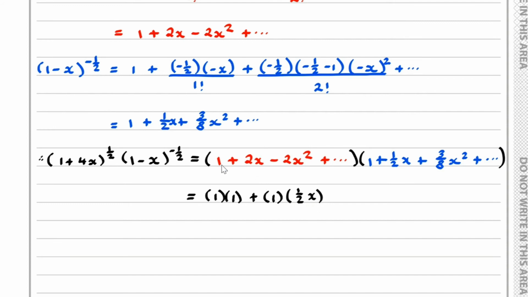And then I've got 1 times by the 3/8 x squared. And then I've got 2x times by 1. And then I've got 2x times by 1/2 x, and that gives an x squared.